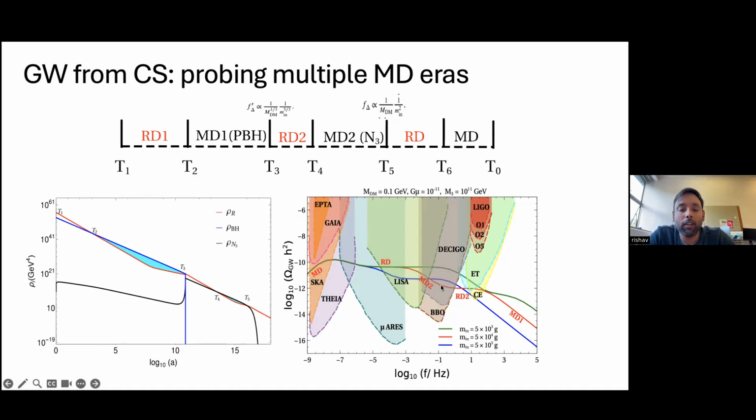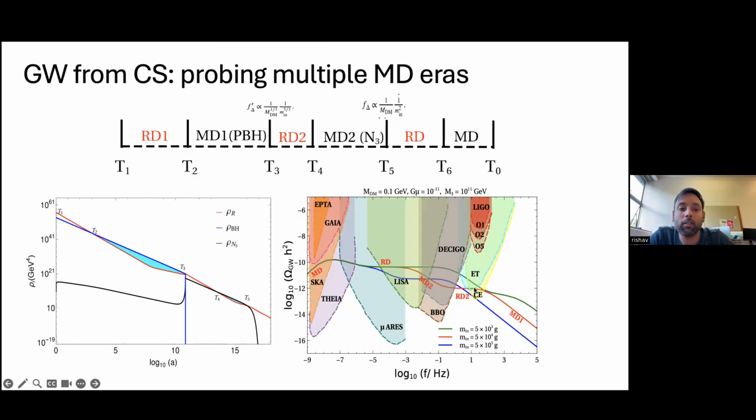Now, once the right-handed neutrino evaporated, we got this spectrum. Before that, as we can see from this plot, we had a region of parameter space where the universe was in the radiation dominated era after the evaporation of PBH, which is basically this part.